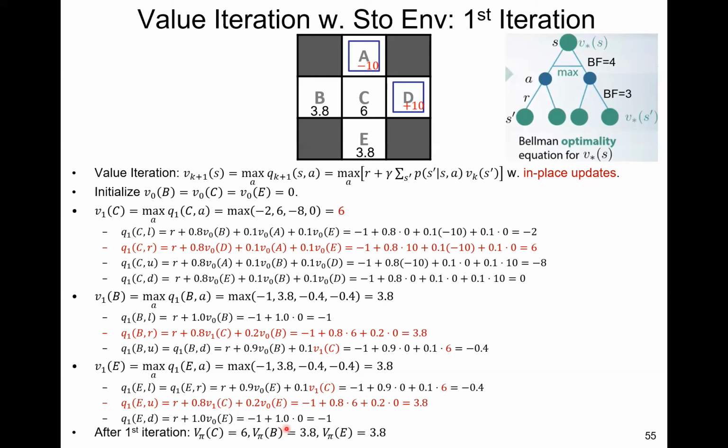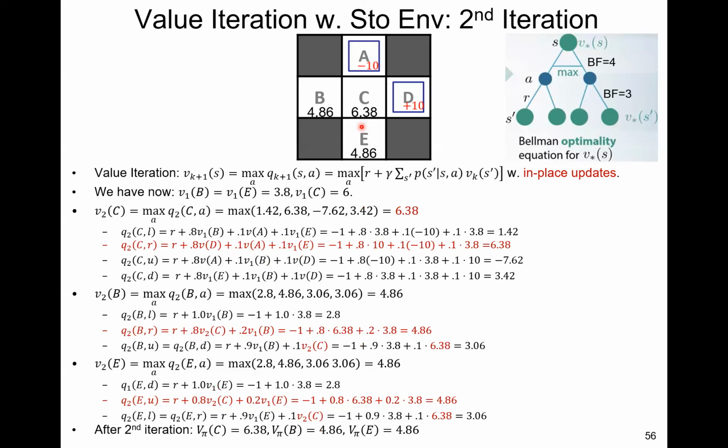So after the first iteration, you get these value functions: 6 for C, and 3.8 for B and E. Now the second iteration, you simply repeat the process and get 3.68 for C and 4.86 for B and E.